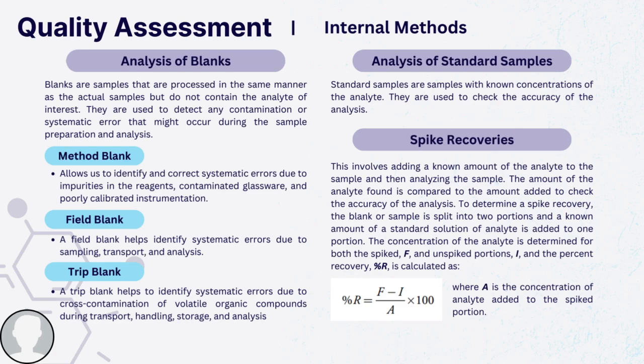The most common blank is a method blank, in which we take an analyte-free sample through the analysis using the same reagents, glassware, and instrumentation. A method blank allows us to identify and correct systematic errors due to impurities in the reagents, contaminated glassware, and poorly calibrated instrumentation.